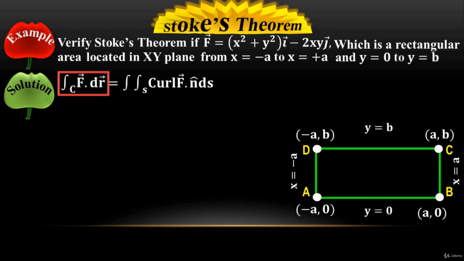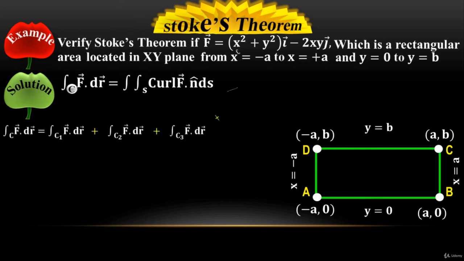Stokes' theorem says that the left side equals the right side. So I'm going to first find the left side, the line integral, where C stands for the curve, the border of the rectangle. Since the rectangle has 4 sides, I'm going to make C1, C2, C3 and C4.